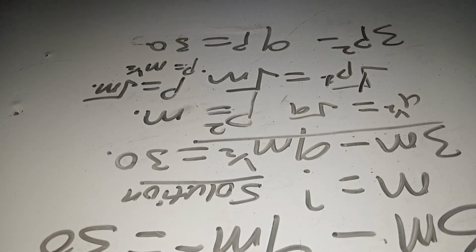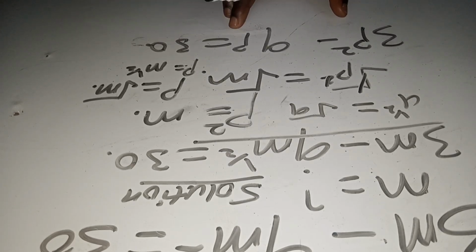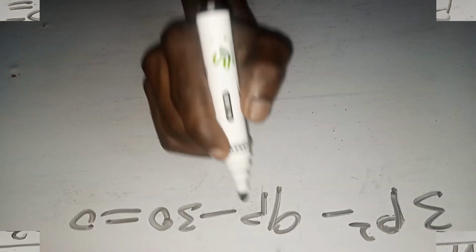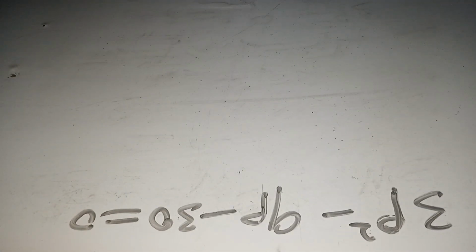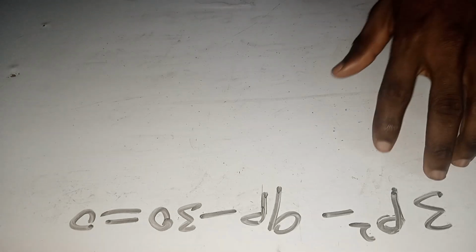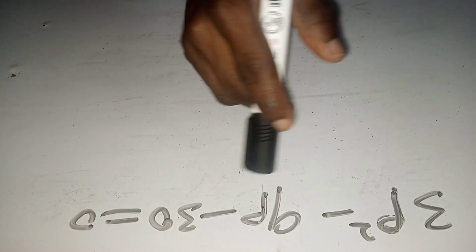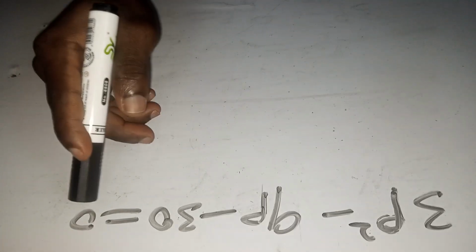Seeing this challenge again, in order for us to put this in a quadratic form, we write 3p squared minus 9p minus 30 is equal to 0.